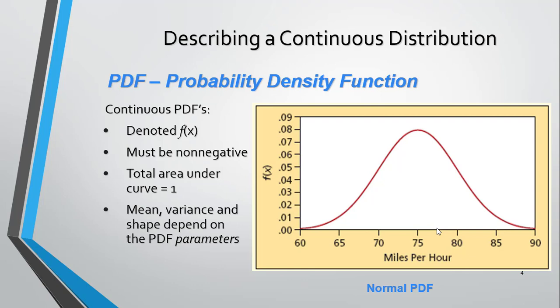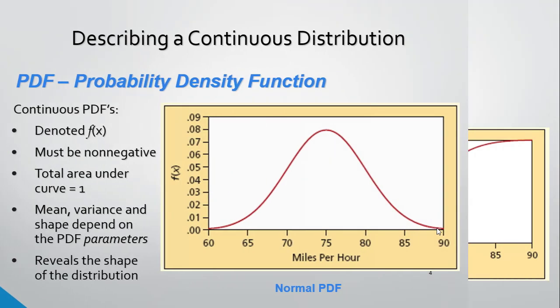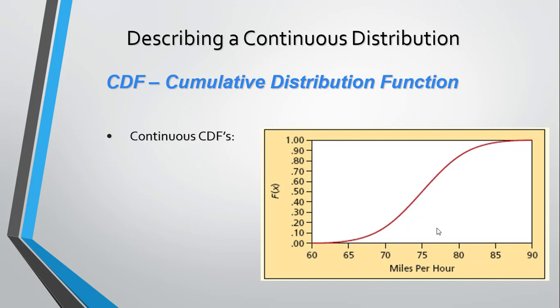The mean, variance, and shape depend on the PDF parameters, and the chart here reviews the shape of the distribution. What about the continuous distribution function? We start from the lowest point and keep adding probabilities, and it grows and keeps going up until it reaches 1.